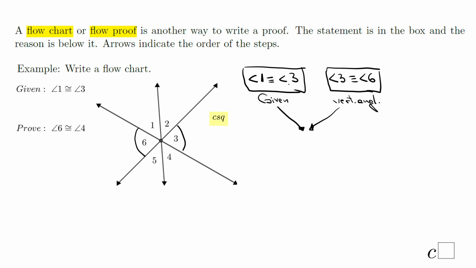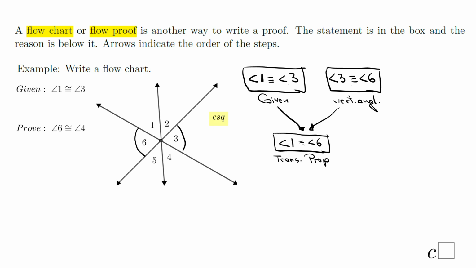Again, we notice angle 3, so obviously angle 1 congruent to angle 6. This is the logic statement that comes from these two previous statements. And what is the reason? Transitive property. That goes right here down.